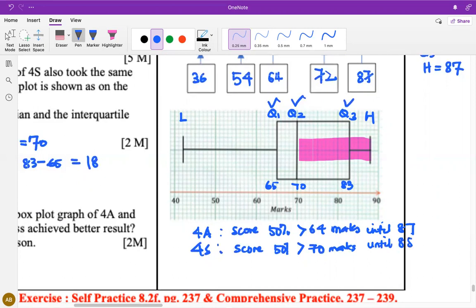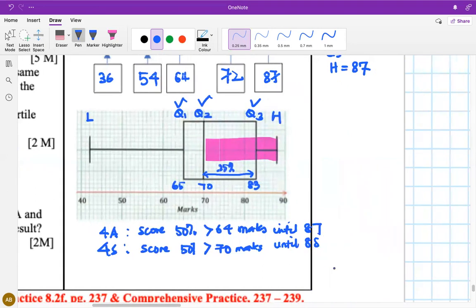Okay, 4A goes until 88. You can see here also, the third quarter is a lot, right? For 4S also, the third quarter is 25% here. Okay, a lot, right? So they score around 70 to 83 marks. 25% score 70 to 83.